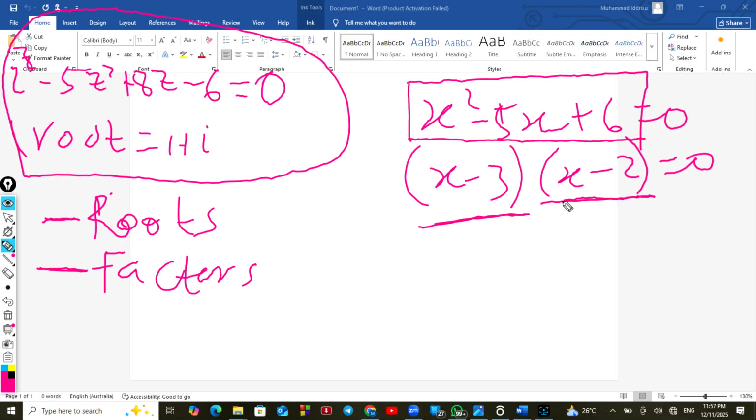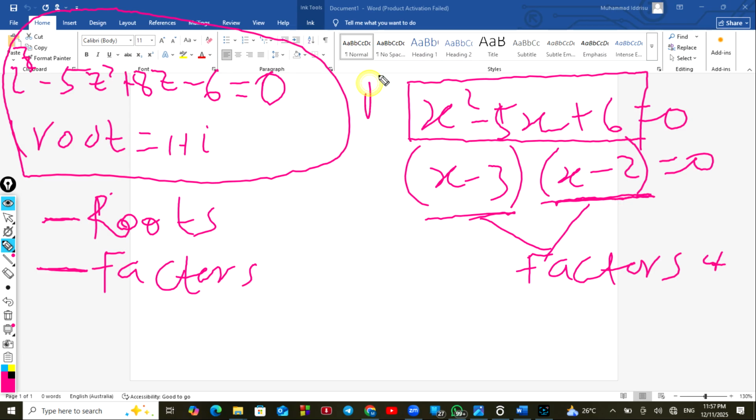Equally, x minus 2 is also a factor. So these two are the factors of, let me call this f of x, of that function.